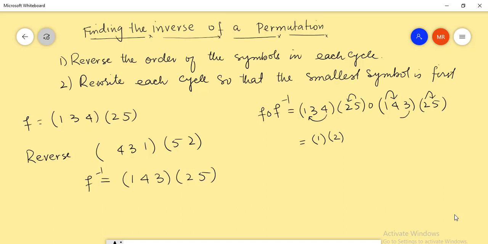Then 3 is mapped onto 1 and 1 is mapped onto 3, hence 3 is mapped onto 3. Next, 4 is mapped onto 3 and 3 is mapped onto 4, thus 4 is mapped onto 4. Finally, 5 is mapped onto 2 and 2 is mapped onto 5, thus 5 is mapped onto 5. This is the identity permutation, and it can also be verified that this is equal to F inverse composed with F.